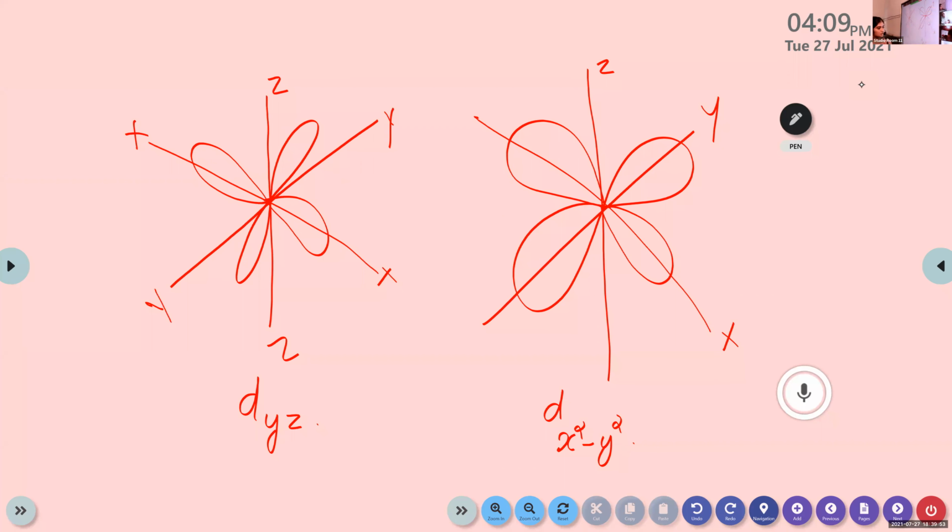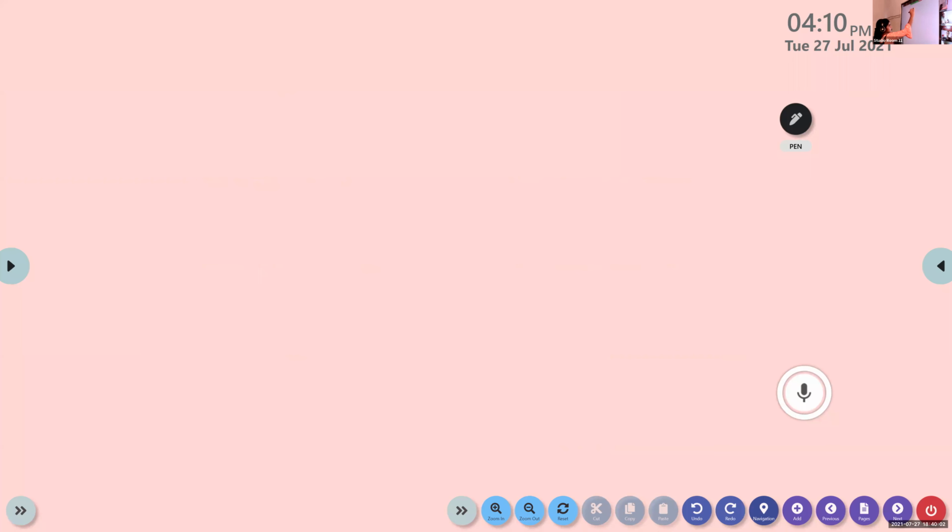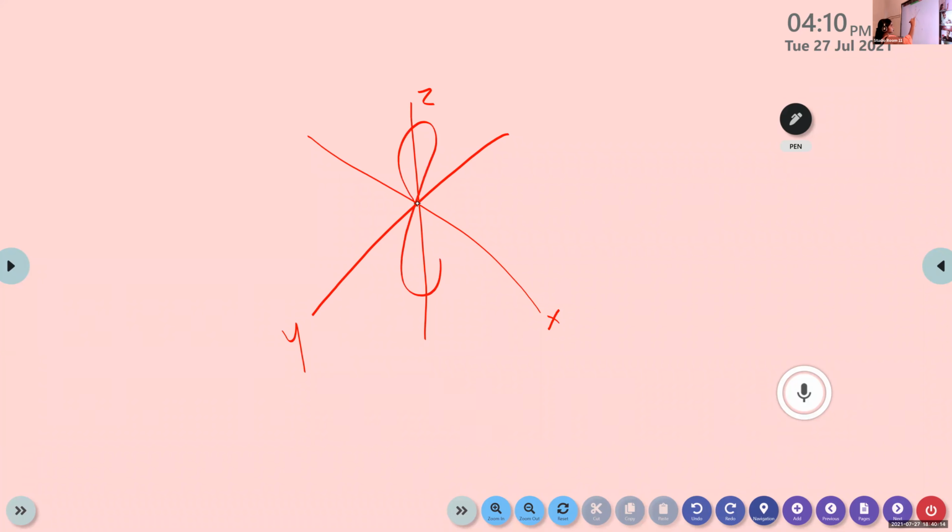Have you completed these two? Okay, then one more figure. Z-axis, then x-axis, y, and there is one small lobe here.